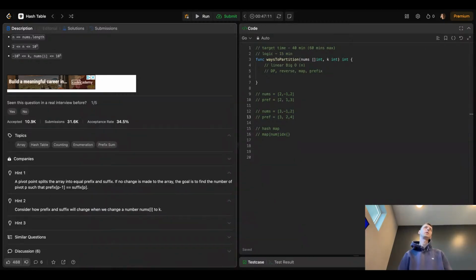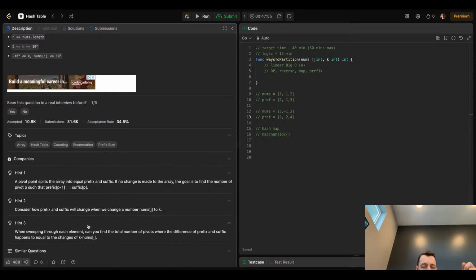So if we change that specific k, using a set or map with indices, we can figure out whether there is a value that will give us the difference.